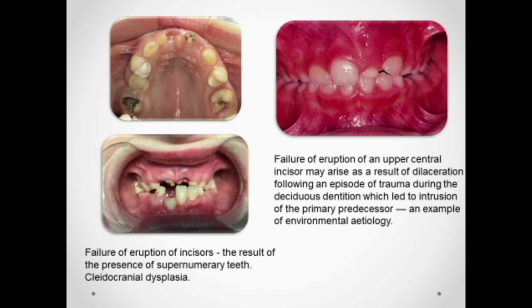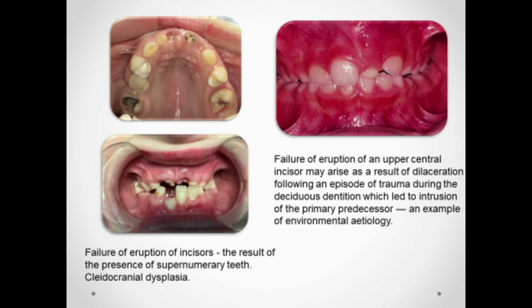Evidence for the role of inherited factors in the etiology of malocclusion has come from studies of families and twins. The facial similarity of members of a family, for example, the prognathic mandible of the Habsburg royal family, is easily appreciated.